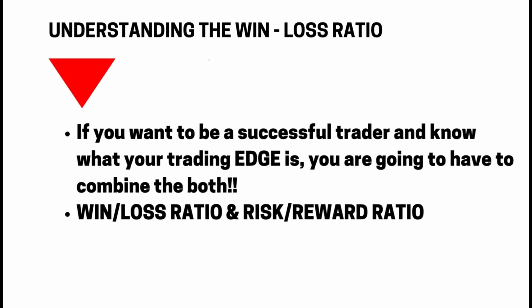Now, if you want to be a successful trader and know your trading edge, you're going to have to combine both that win-loss ratio and the risk-reward ratio together. There's no ifs and buts. It's as simple as that. If you want to know the edge of any strategy idea you might have, you need to know these numbers. It's very, very important for performance analysis in your trading.